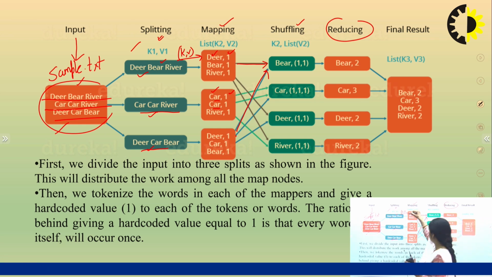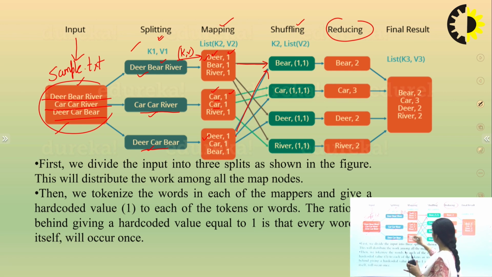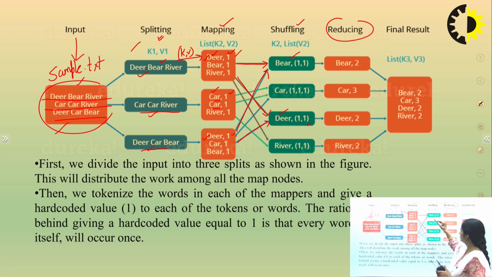Like it is present here and here also. It means we will take it in the aggregated form like this. Key is one time and value 1 from here and another one from here. Same in this one, same in this one and similarly in river.